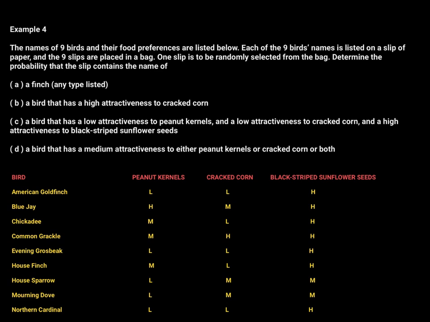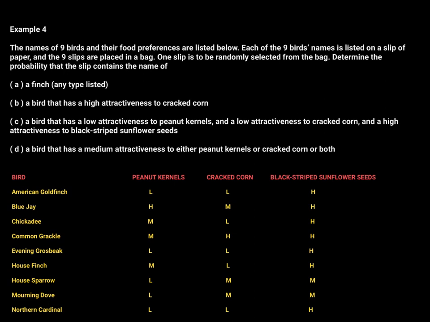Determine the probability that the slip contains the name of any kind of finch, the probability that the slip contains a bird that has a high attractiveness to cracked corn, the probability that the slip contains the name of a bird that has a low attractiveness to peanut kernels and a low attractiveness to cracked corn, and a high attractiveness to black striped sunflower seeds. And finally, the probability that the slip contains the name of a bird that has a medium attractiveness to either peanut kernels or cracked corn or both.